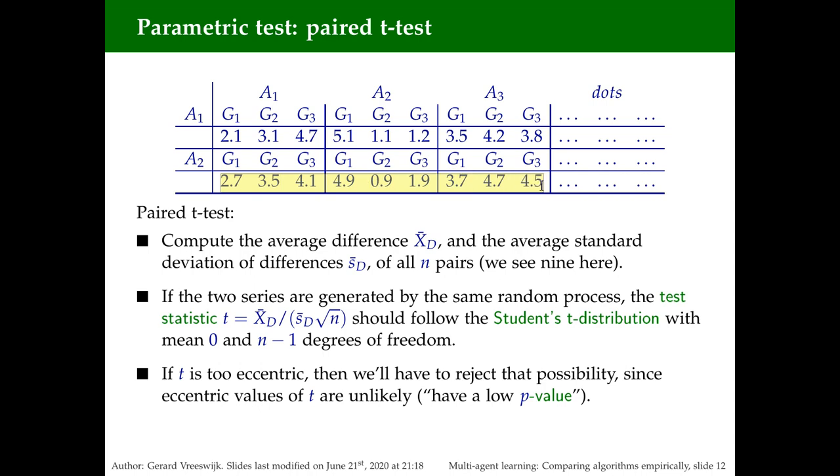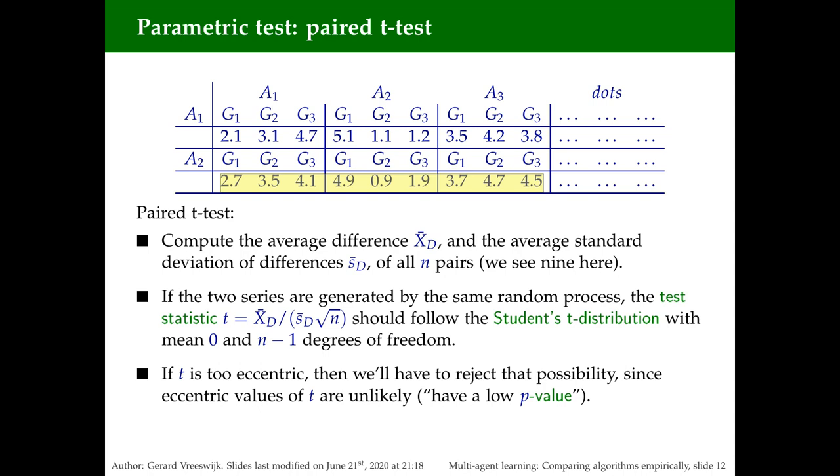Even if you do a one-sided paired t-test, then you can, for example, say A2 performs better than A1. And you can do that for all couples.